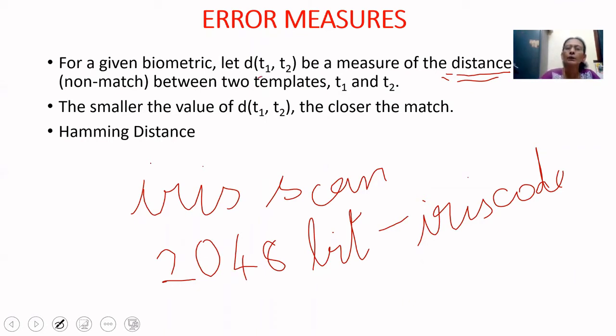So you take T1 and T2 and compare how many ones have changed to zeros or how many zeros have changed to ones. That is what we call the Hamming distance. Hamming distance is one way that is used for iris scan. You have different methods for different biometrics. The smaller the value of this distance, the closer the match. So this is the way in which we try to match.